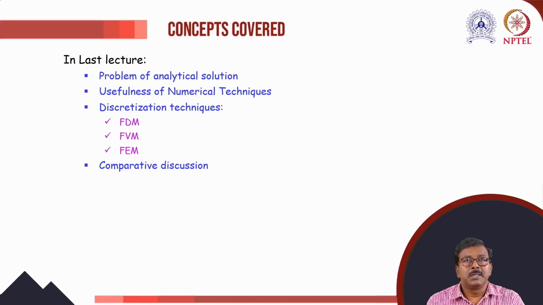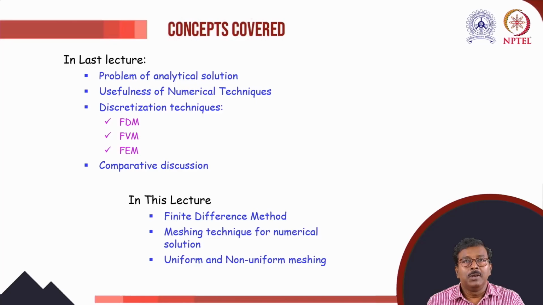Also, we discussed the usefulness of the numerical techniques, and in this lecture we will concentrate on the finite difference method and the meshing techniques for numerical solution. And also two types of meshing, that is uniform and non-uniform meshing, will be discussed.